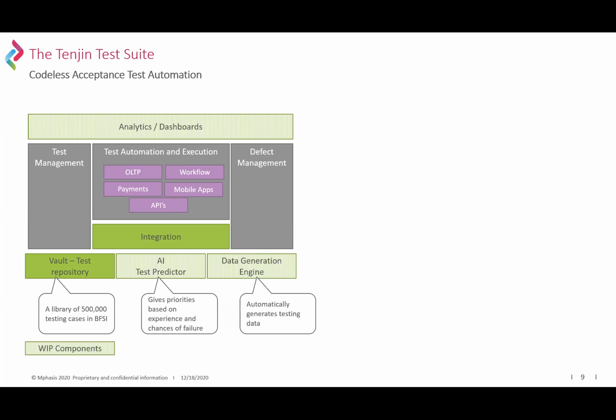All of those integrations are available. We also are CI/CD ready, so we publish our own REST APIs through which you can invoke an execution session or a learning session on the test automation platform using Jenkins, TeamCity, or any of that. We have a repository of about 500,000 cases specifically around financial services.